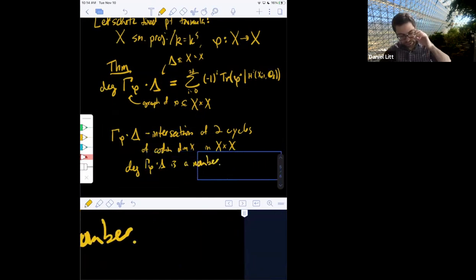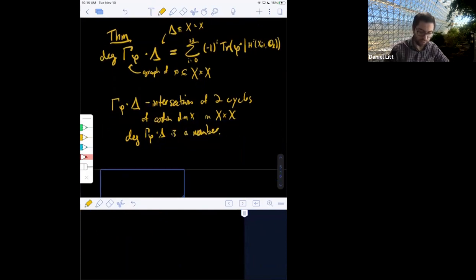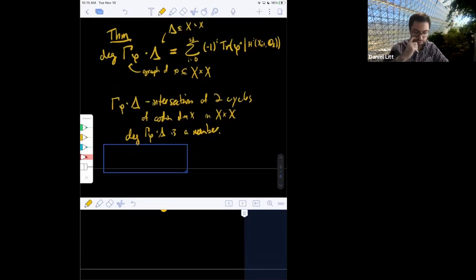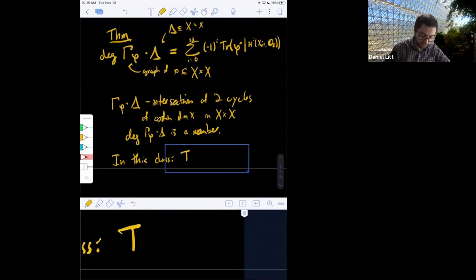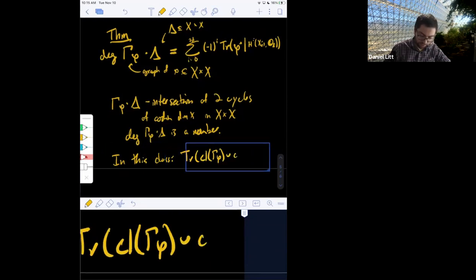We haven't discussed Chow theoretic intersections in this course. There's another way of getting at these, which is in fact what we'll use in the proof. We can think of this as the trace of the cycle class of gamma phi cupped with the cycle class of delta.